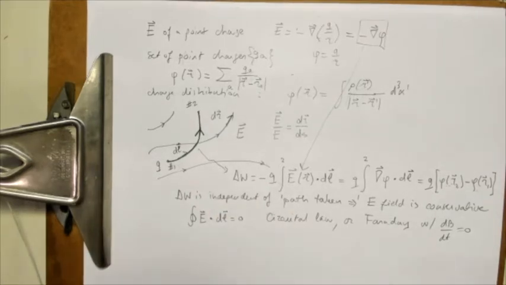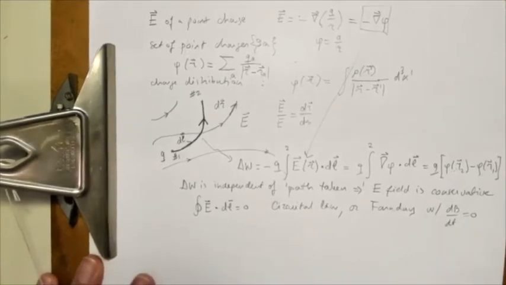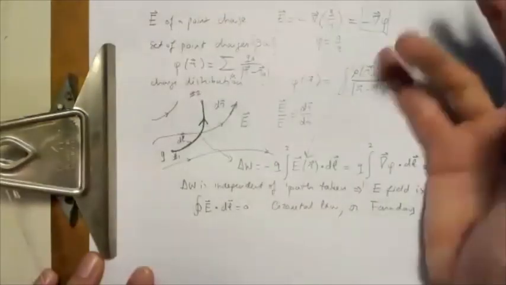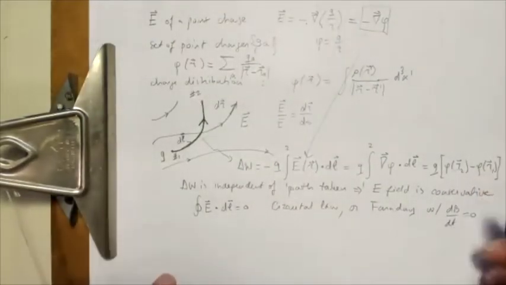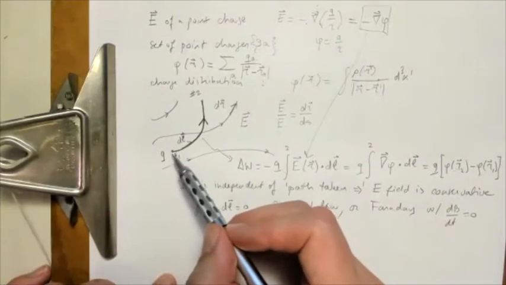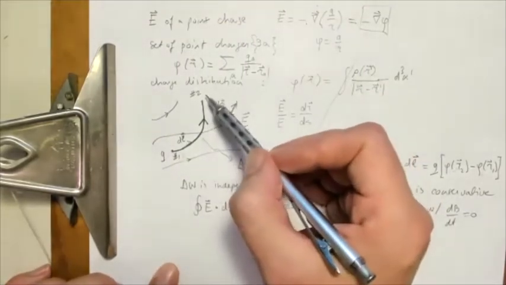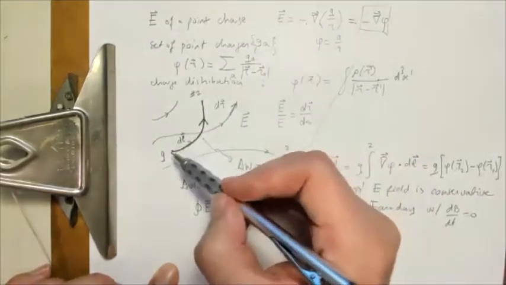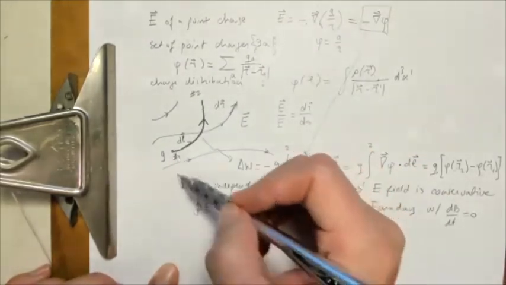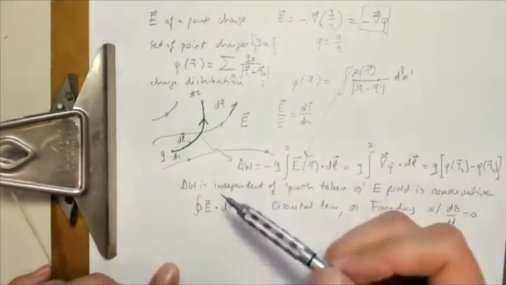So then we can ask ourselves, if that's the work that's being done, in the end, if the work being done by moving this charge object from here to there is positive, and then we let it go from here to there, obviously we can change the potential energy by moving a charge object through an electric field.